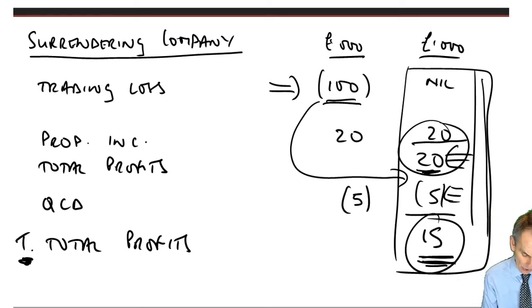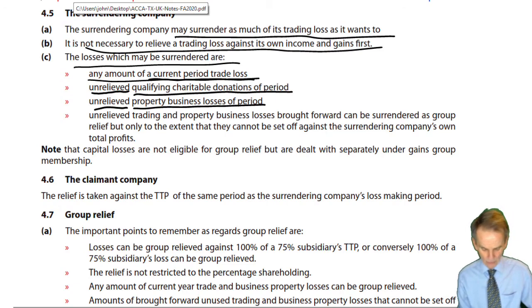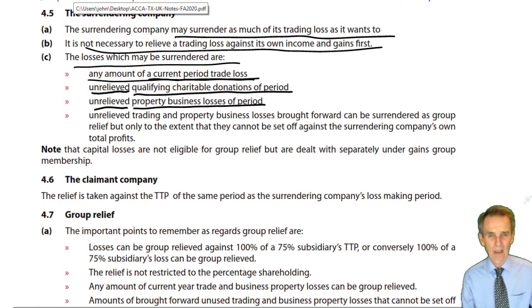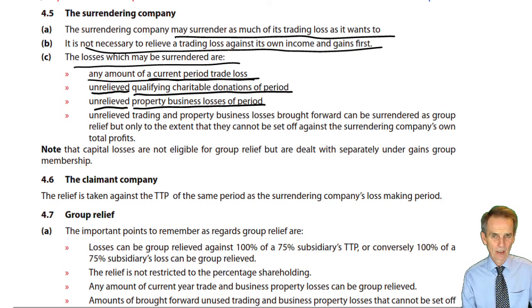So, those losses available to be group relieved, by far the most likely in any exam question is your current period trading loss. You may have unrelieved or excess qualifying charitable donations paid. You may have unrelieved or excess property business losses. Again, all of those of the period.